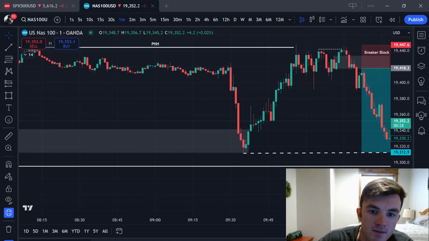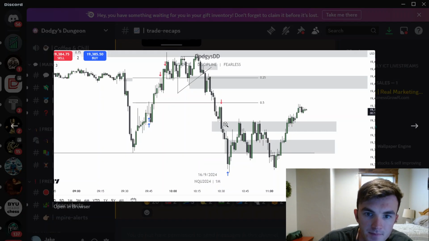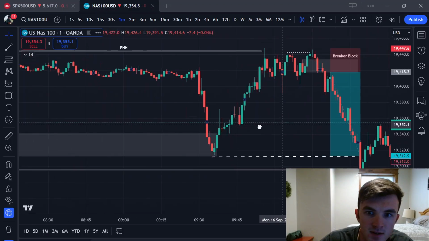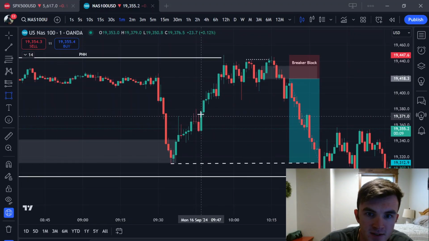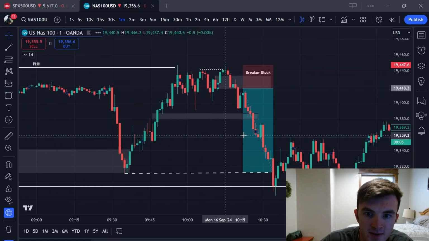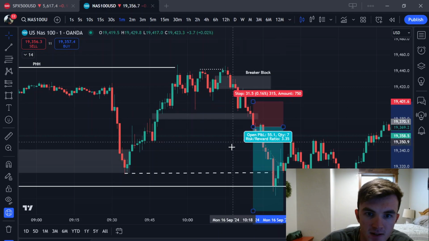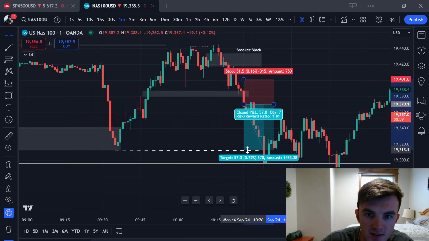Then he took this short entry and targeted this low. So I'm guessing when this 1 minute gap inversed, he waited for this 1 minute gap to inverse, and then he entered like this and targeted this low.